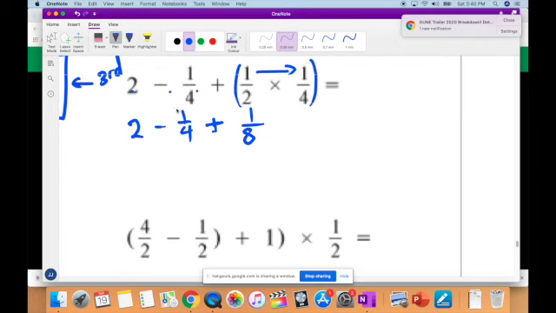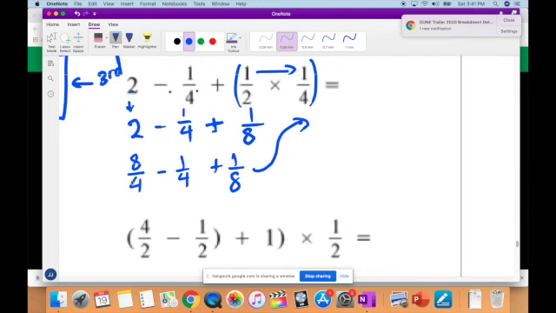But what we could do is think about this too as being 8 on 4 minus 1 on 4 plus 1 on 8.